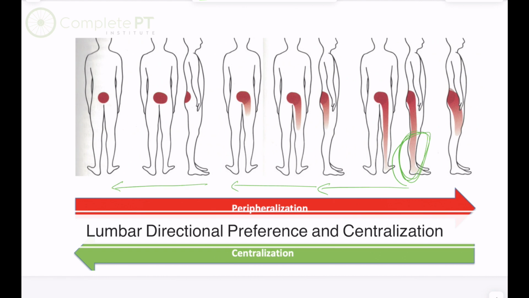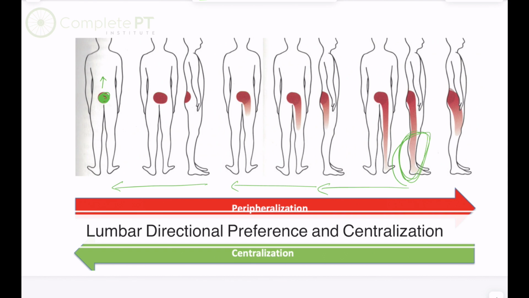Ideally, the symptoms would just be felt centrally, right in the center of the back. When that happens, it's common that the central pain might actually even increase. And that can be concerning to the patient, like, oh, my back's hurting more. But if the distal symptoms have abolished, that is a favorable response and critical to educate your patient to not be concerned about that.